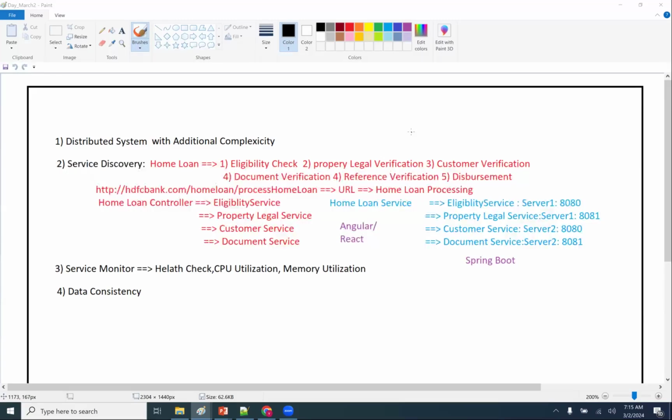Now the eligibility service is in one database, the legal service in another, the customer service in another, the document service in another database. To maintain consistency of the data between multiple databases, from different servers, is also a challenge.